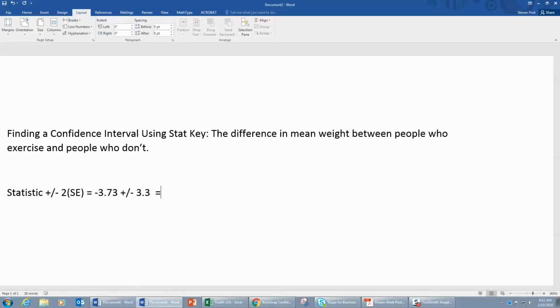And then we just pull out our calculator. Negative 3.73 minus 3.3 is negative 7.03. Oops, I forgot the 2 times the standard error. Let's not forget that. So let's do that calculation again.